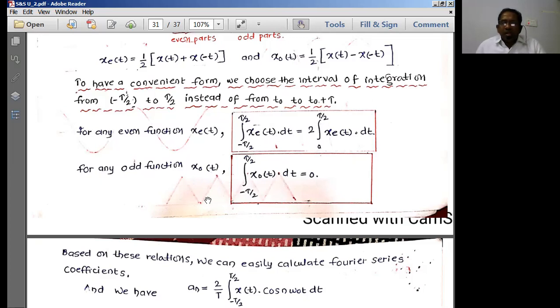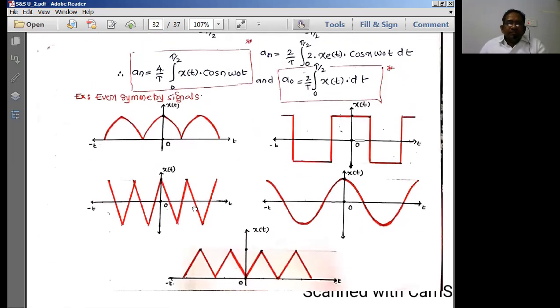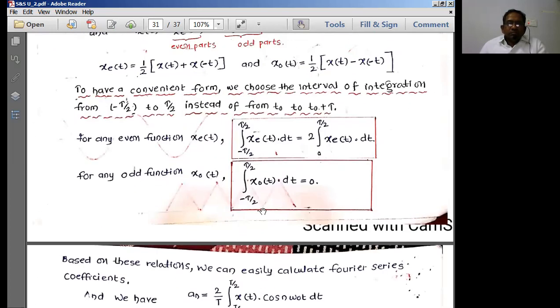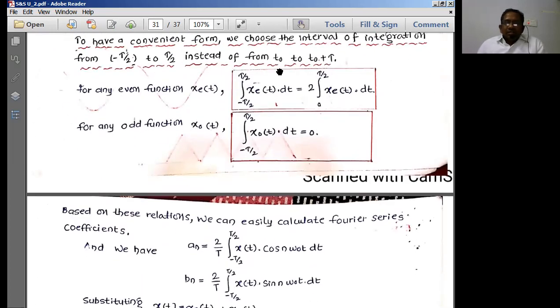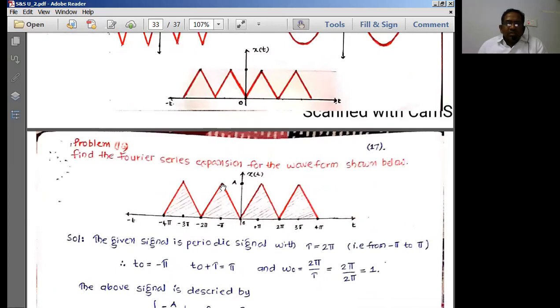I can consider only either one of the spectrum here. See, if the signal is an even signal, I can write this as equal to 2 into integral of 0 to T by 2. Here I have minus T by 2 to plus T by 2. Let us try looking at this.